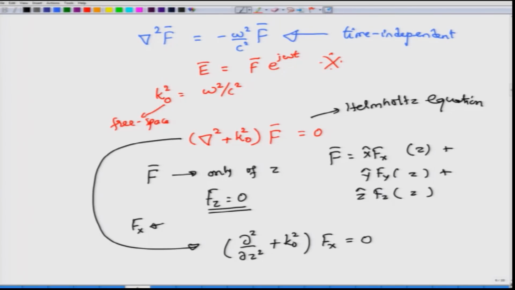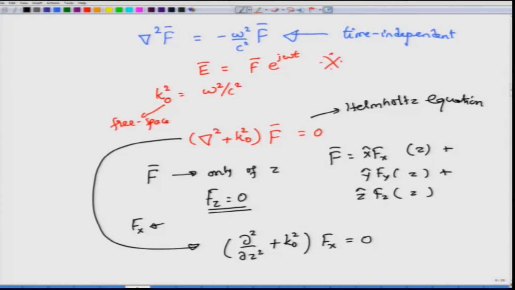This equation has a solution given by fx of z equal to e power minus j k 0 z. I will leave this as an exercise for you to show that this is the case. All you have to do is to use this expression, go back to this equation and substitute.